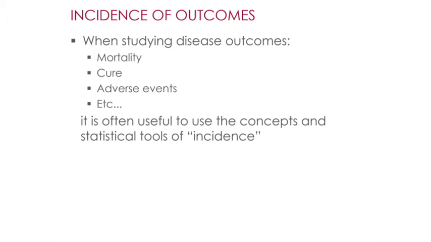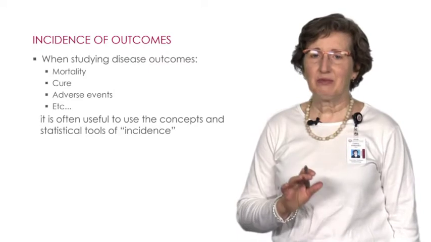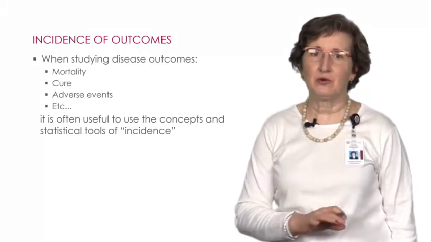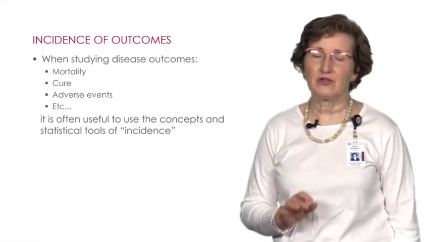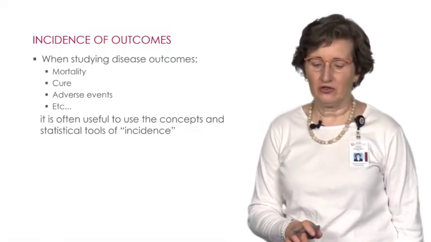But actually, it's often very useful to use the concepts and statistical tools of incidence when we're measuring all of these outcomes. So we would just redefine our population at risk as a population who has the disease or who has whatever medical characteristic you're interested in studying, and then follow them for that outcome of mortality, cure, and so on.